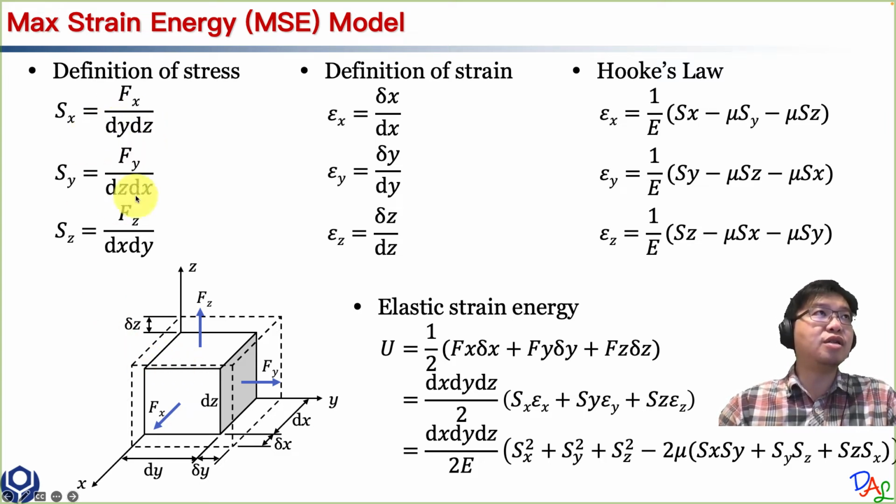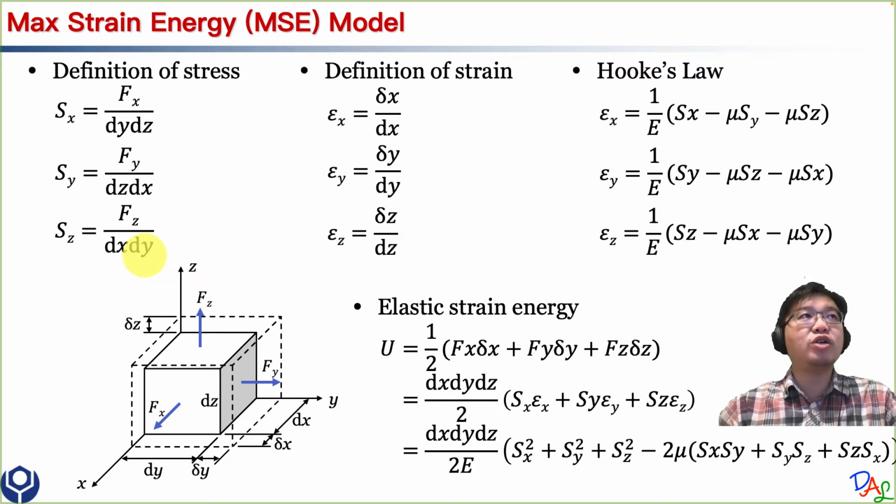And for this equation, the area would be dy times dz. Okay? Similarly, sy equals to fy over dz times dx, and also sz equals to fz over dx times dy. This should be pretty easy. Basically, force over area equals to stress.